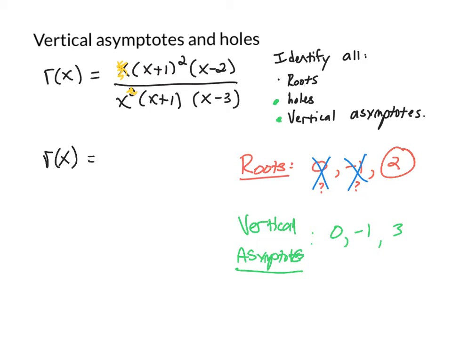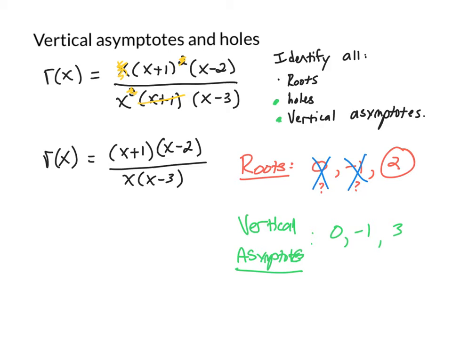The x plus 1 squared, one of those cancels with the x plus 1 term in my denominator. Well, it looks like that's all that cancels. So my function r of x is x plus 1, x minus 2, divided by x times x minus 3.